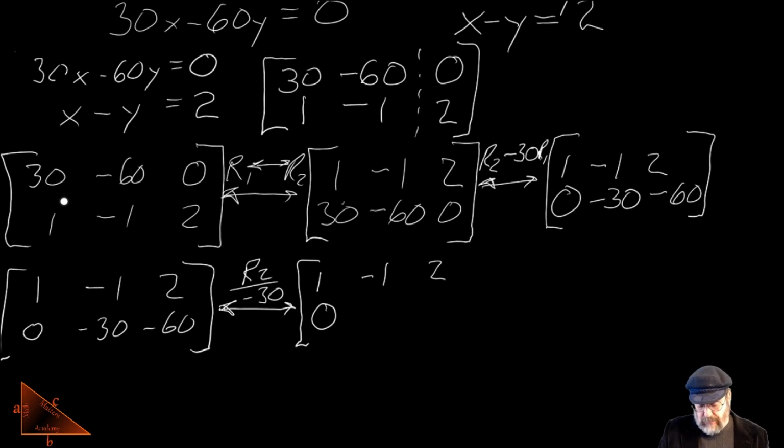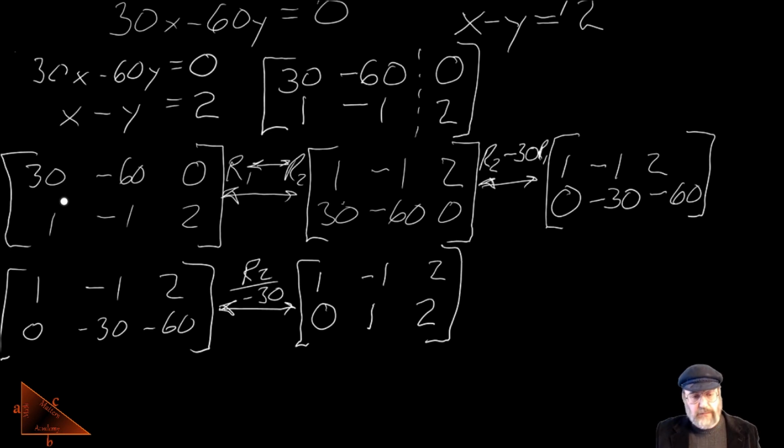Negative by negative, positive. 30 divided by 30 is 1. And now, finally, negative 60 divided by negative 30. Negative divided by negative is positive. And 60 divided by 30 is 2.